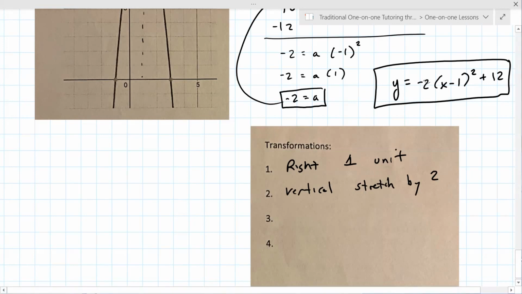Now this negative is a reflection or a flip, whichever word you like, over the x-axis. And then the last one is up 12. Yep, that's this plus 12 on the right.